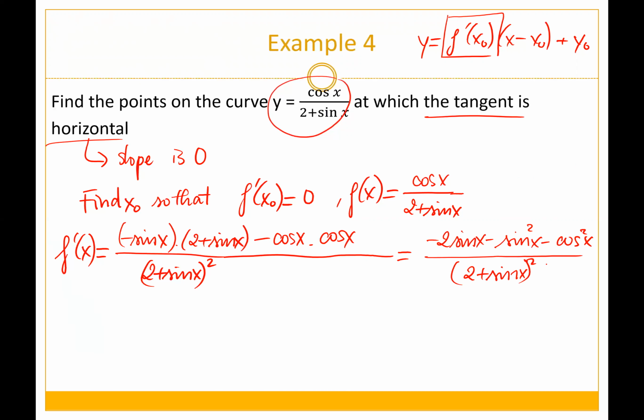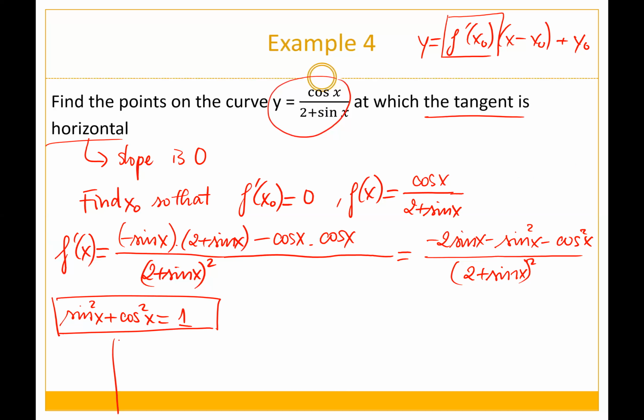One more thing I want to introduce here, besides practicing this kind of problem, is that sine squared of x plus cosine squared of x is equal to 1. This expression is going to follow you throughout the entire semester. Where does it come from?